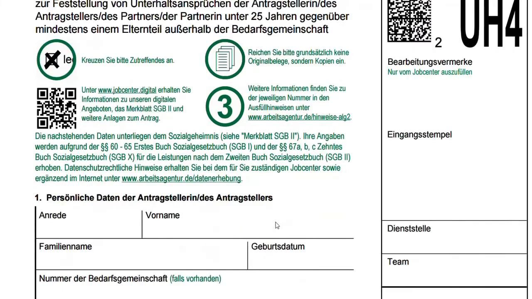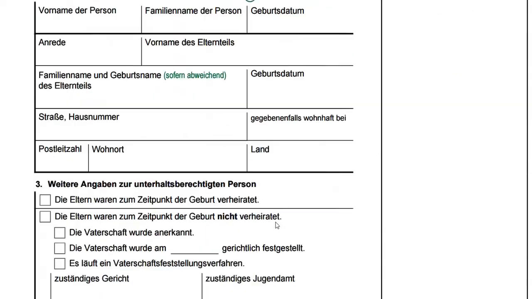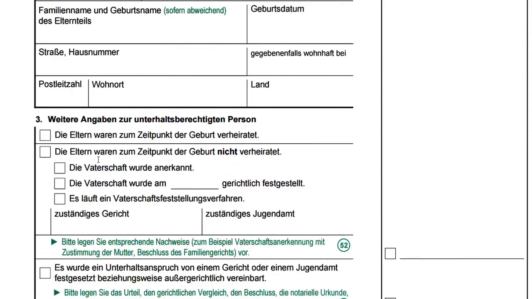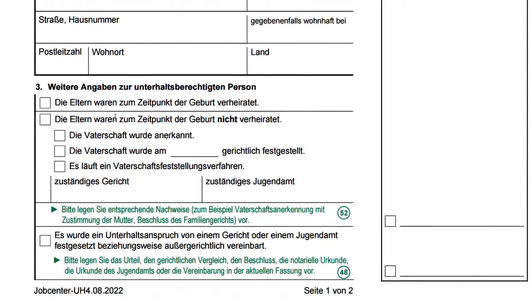In part 3, you provide more information about the person who has the right to get the maintenance from his or her parent. If the parents of this person were married before he is born, you mark here with a cross. If the parents of this person were not married before he is born, you mark here with a cross.